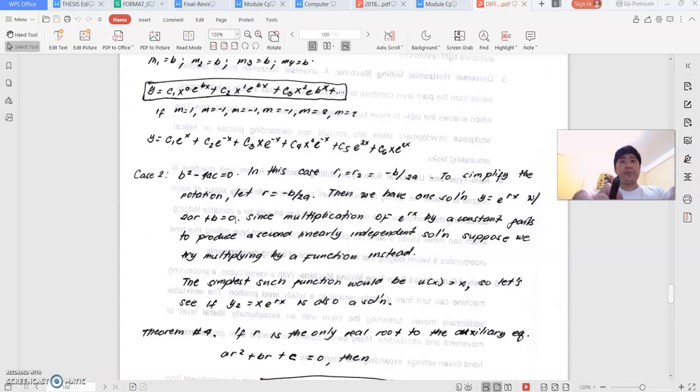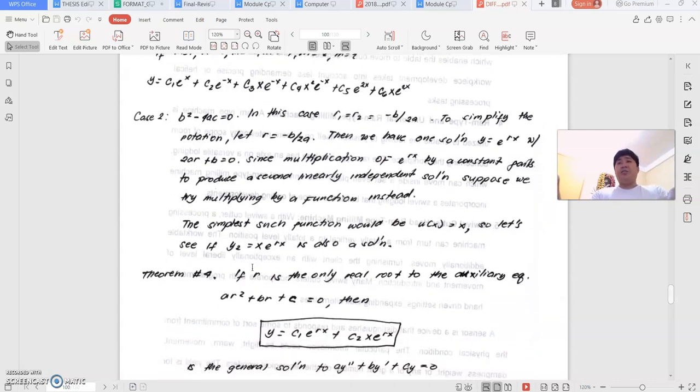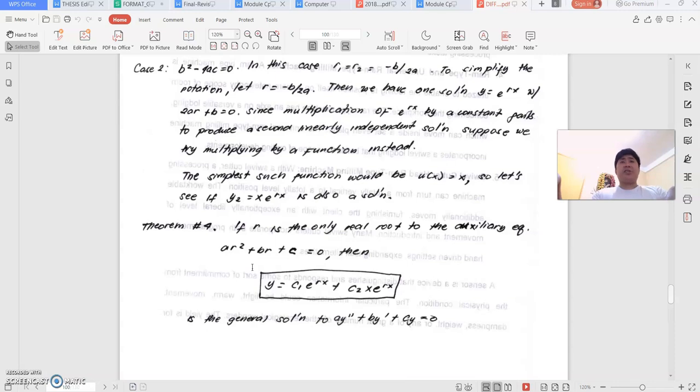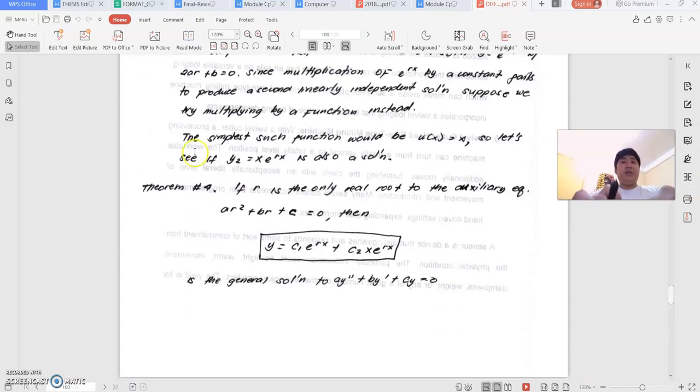Since multiplication of e^rx by a constant fails to produce the second linearly independent solution, suppose we try multiplying by a function instead. The simplest such function would be u of x equals x. So let's see if y2 equals x e^rx is also a solution.